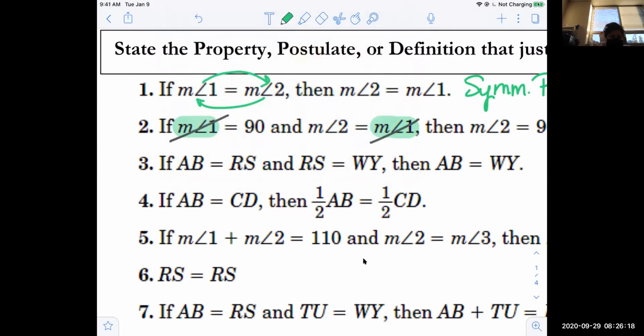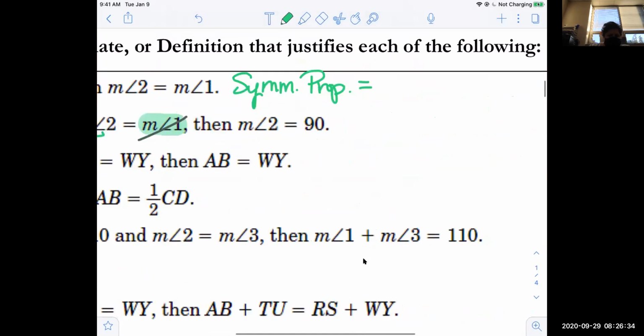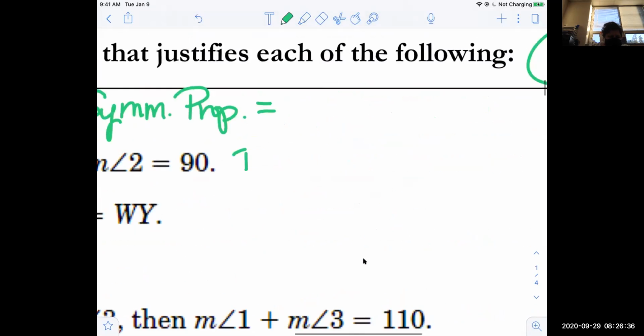So again, when you read these, you think if thing 1 equals thing 2, and this is thing 1 again, is equal to thing 3, then thing 2 and thing 3 are equal. So we're taking out a whole side of the equation, making those equal.